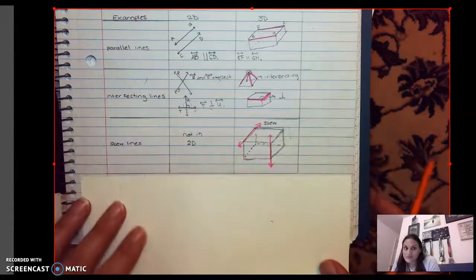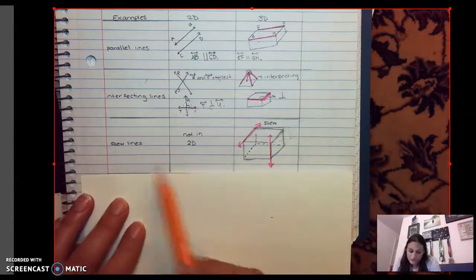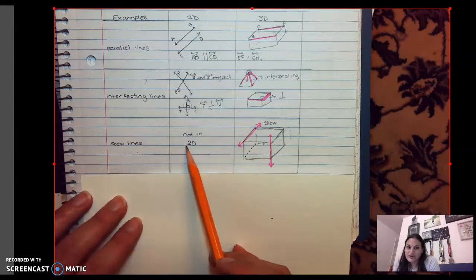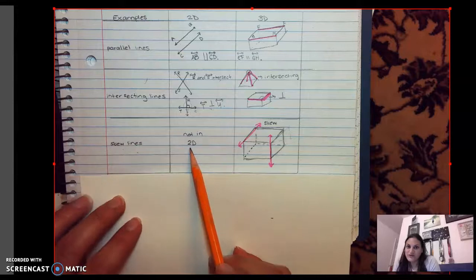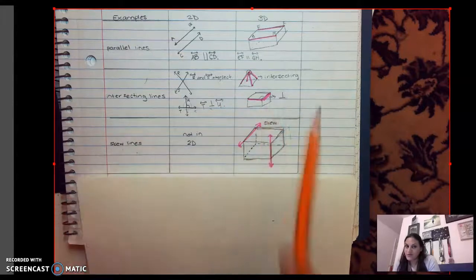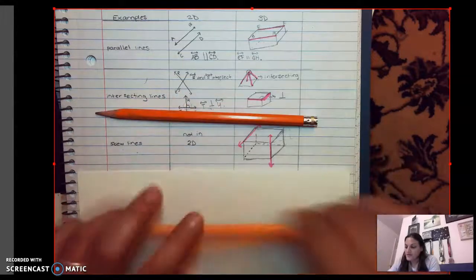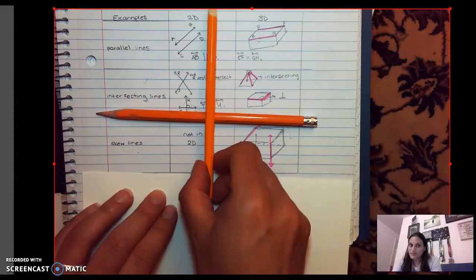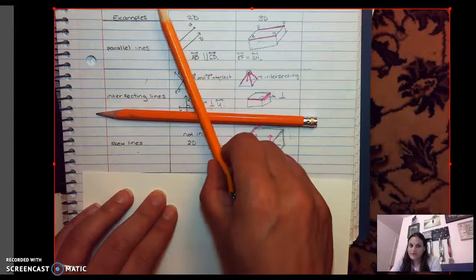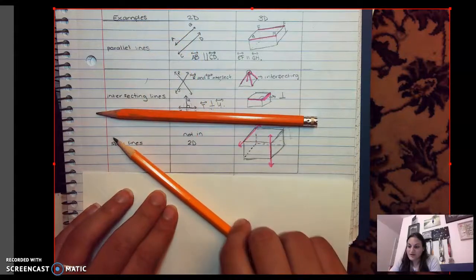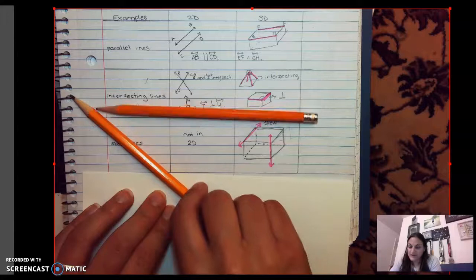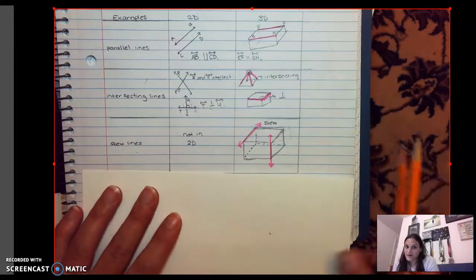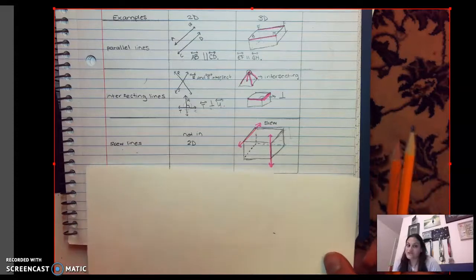Okay, and the last one, skew lines, are not really represented in 2 dimensions, because any two lines on a paper are either going to be parallel like this, or they're going to be perpendicular or intersecting. Any line, even if it doesn't meet, is going to eventually meet this line, right? But in 3D, we have lines that are neither parallel nor intersecting.